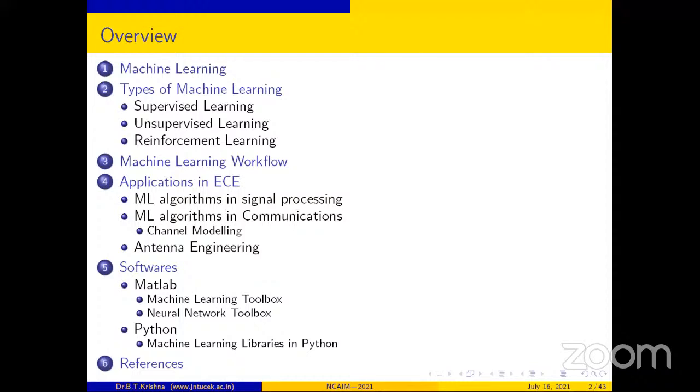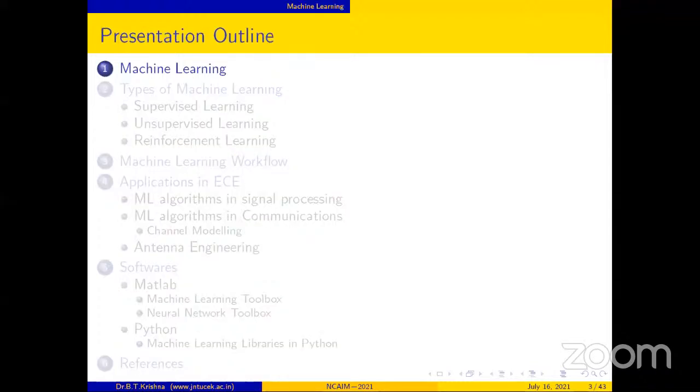Then the software that has to be used to work on machine learning will be discussed. Those are MATLAB and Python. And we are going to give some information about some toolboxes in MATLAB and some libraries in Python. This is the overall view of the presentation.